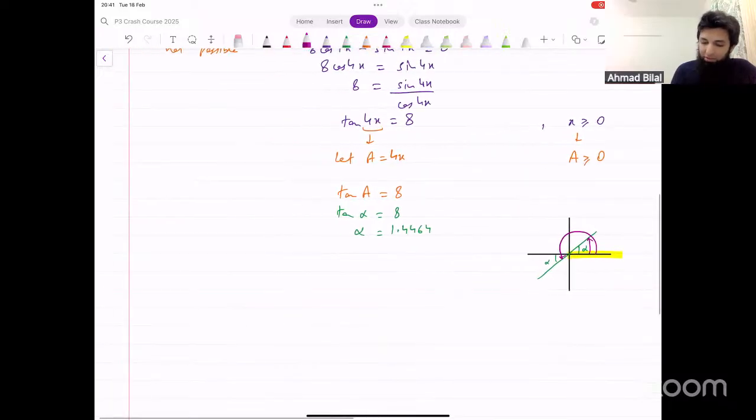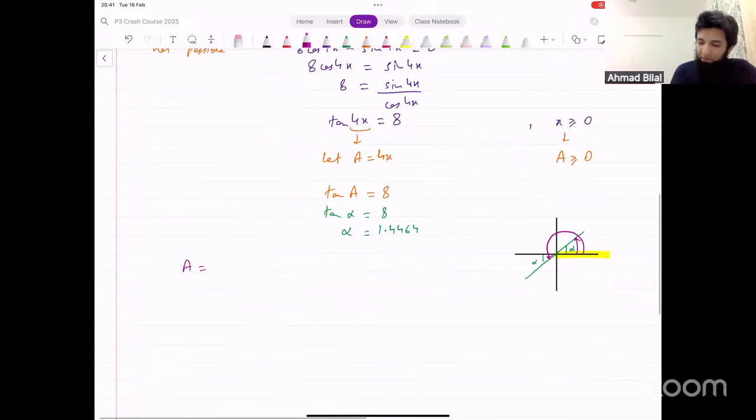So the first angle is a equal to 1.4464. And the second angle is pi plus 1.4464.